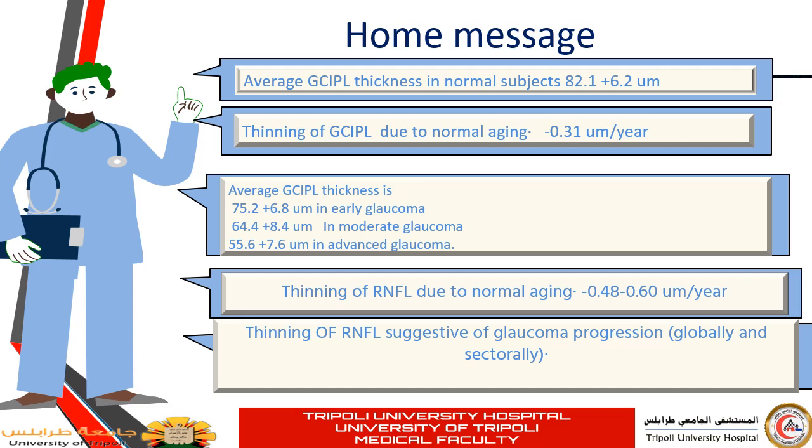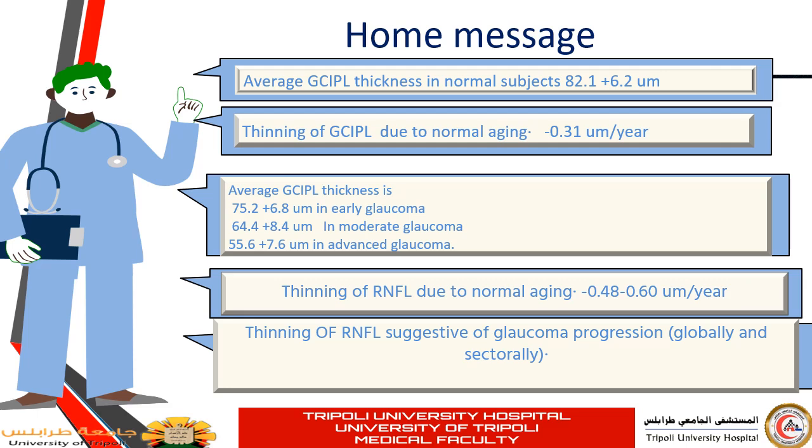The average GCIPL thickness in early glaucoma is more than 75 microns, between 64 plus or minus 8 is moderate glaucoma, and if it is less than 60, around 55 plus or minus 7, it indicates advanced glaucoma. So we can stage glaucoma based on the GCIPL thickness.